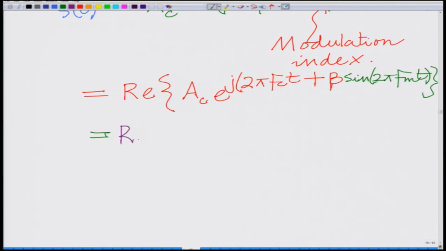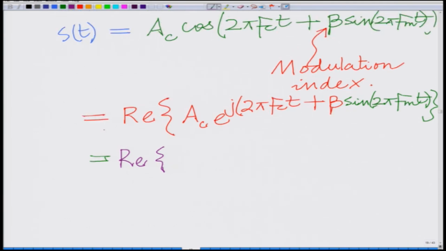First, I am writing A_c cosine 2 pi f_c t plus beta sine 2 pi f_m t as the real part of A_c e to the power of j (2 pi f_c t plus beta sine 2 pi f_m t). Now I can split this as A_c e to the power of j beta sine 2 pi f_m t times e to the power of j 2 pi f_c t.